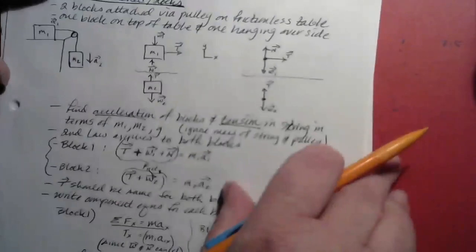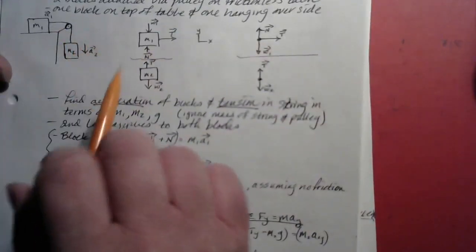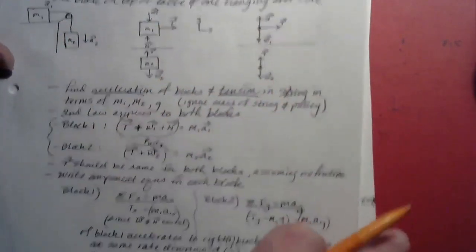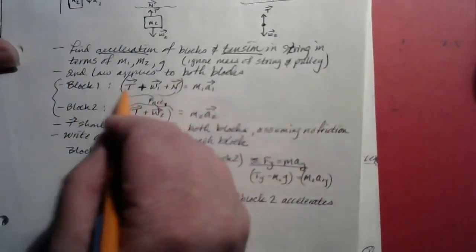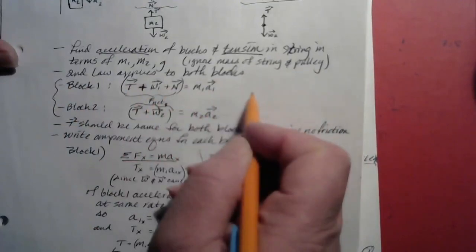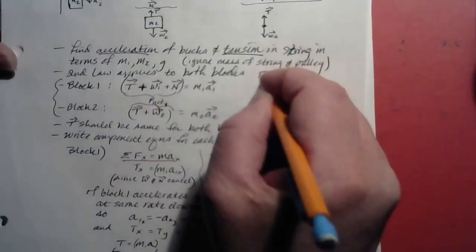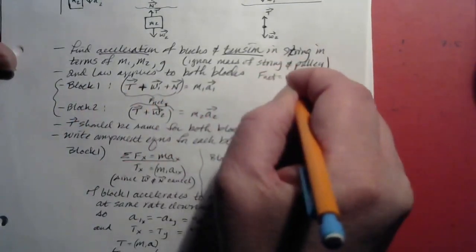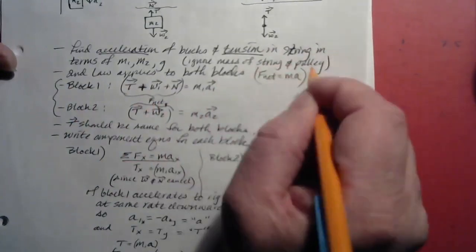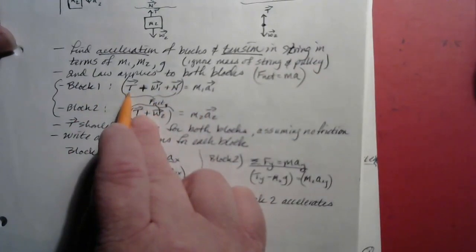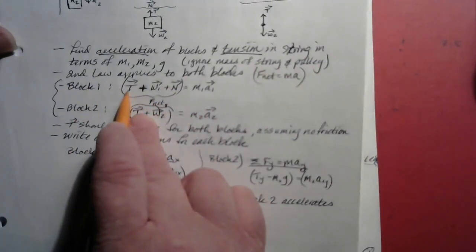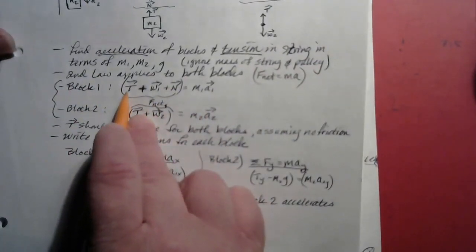And Newton's second law, F equals ma, applies to both blocks. So in other words, F net equals ma. That's Newton's second law. For block 1, F net is equal to the sum of all the forces on the block.